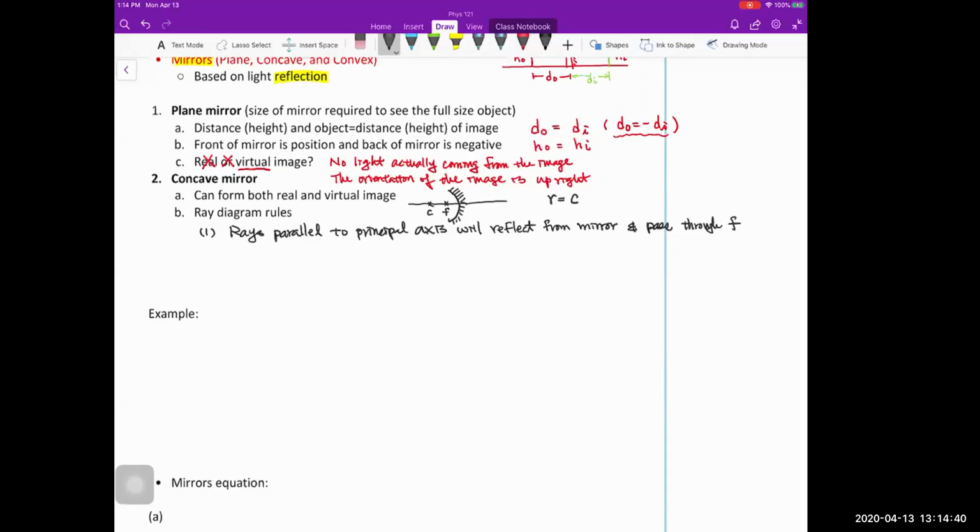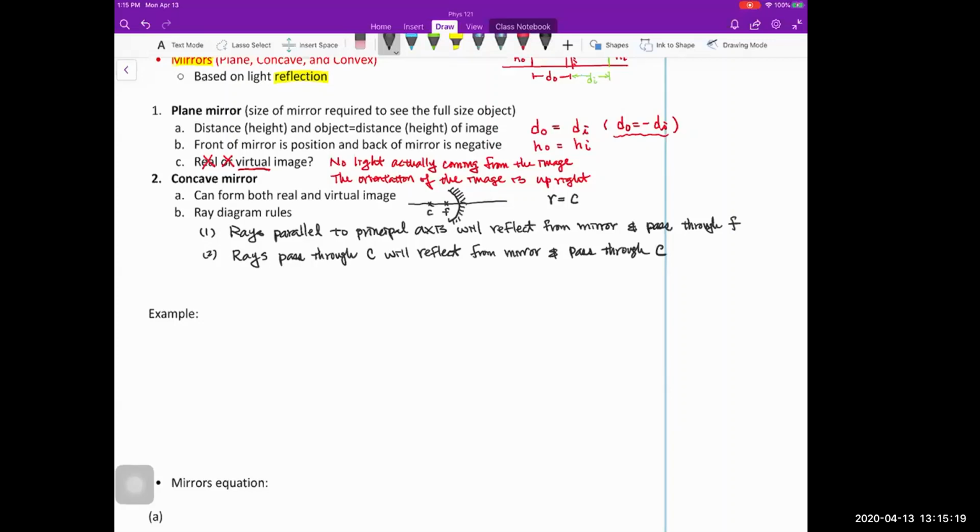So the rays that are parallel to the principal axis will reflect from the mirror and pass through F. That's the first line you draw. The second line you can draw is the rays that pass through the C. It will pass through the C, so it's just coming back and forth.